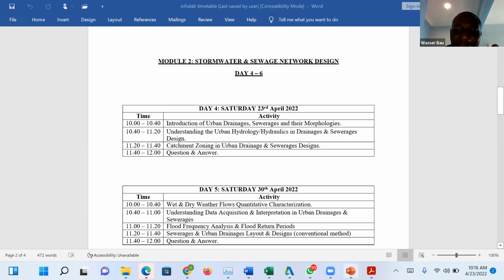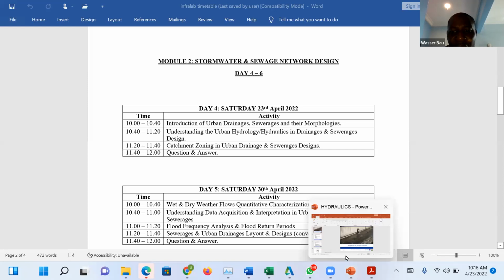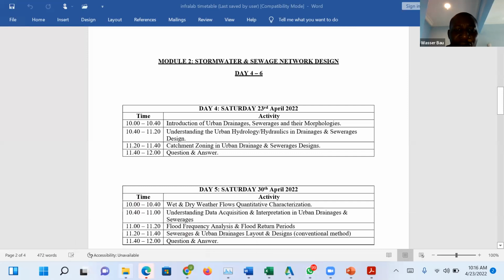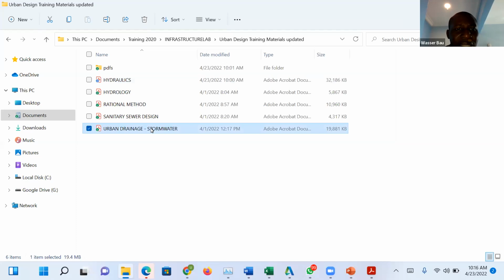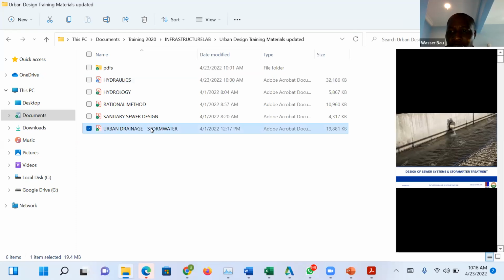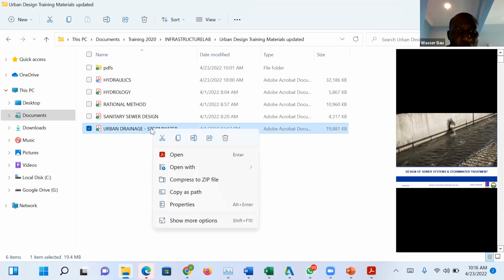There are two systems in every wastewater system, any urban drainage system. One is the stormwater and the other one is the sewer. The sewer network usually goes underground.